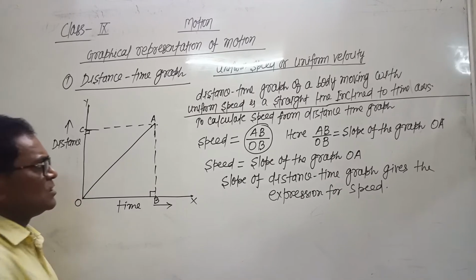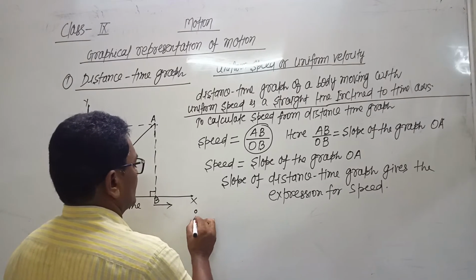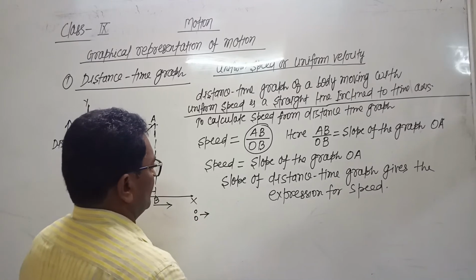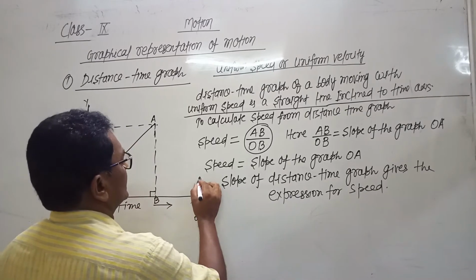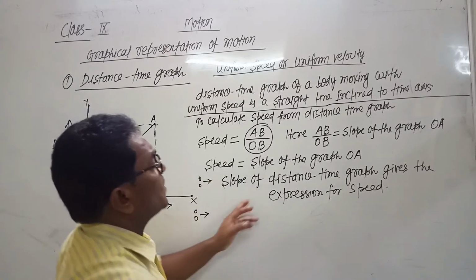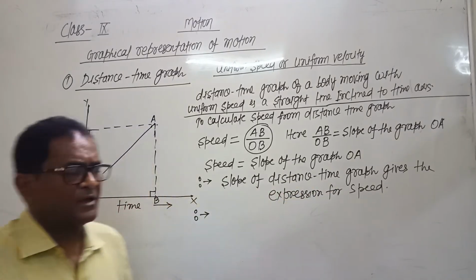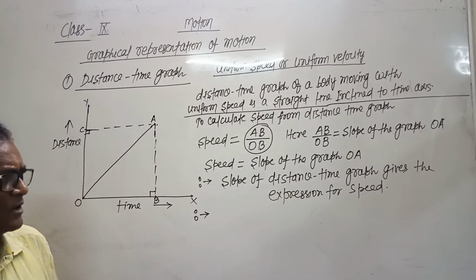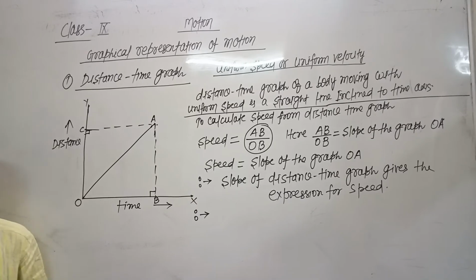What conclusion do we draw? The first conclusion drawn is that the slope of the distance time graph gives the expression for speed.